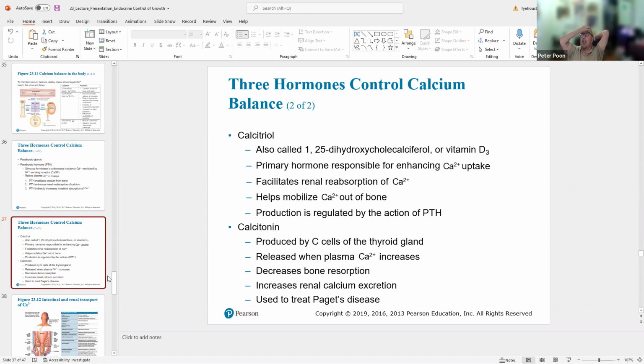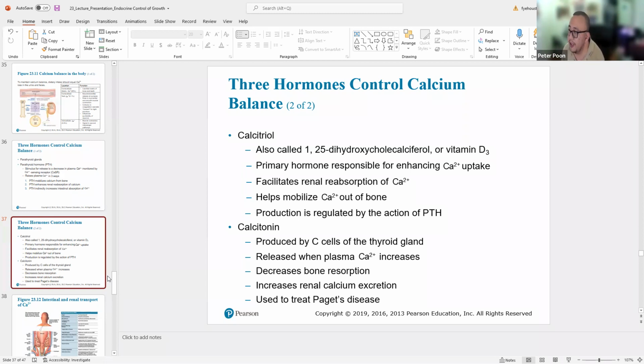Paget's disease is when you have too much bone deposit, especially as an infant or child. You do not want too much bone formation in the head when you're a child because your brain still has to grow. If your skull ossifies too quickly, then your sutures can't extend and your brain can't grow, and obviously you end up with problems.